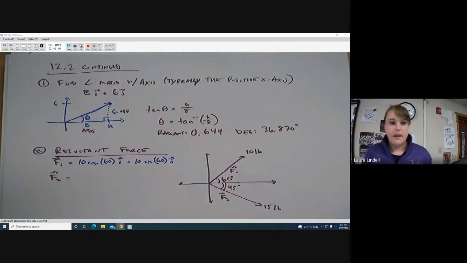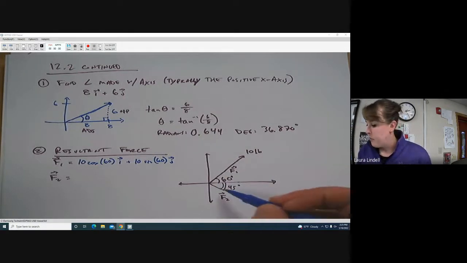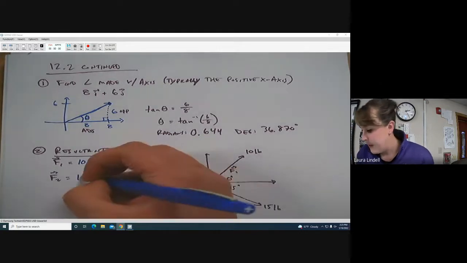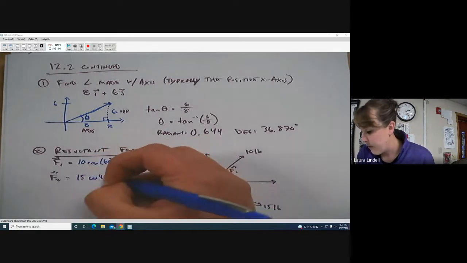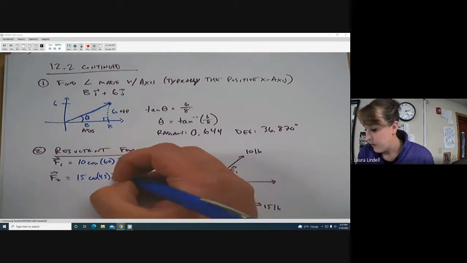Then our second force vector, we're going to express in the same fashion. For this one, it's going to be 15 cosine of 45 for the horizontal component.